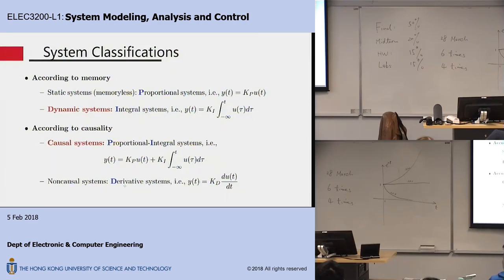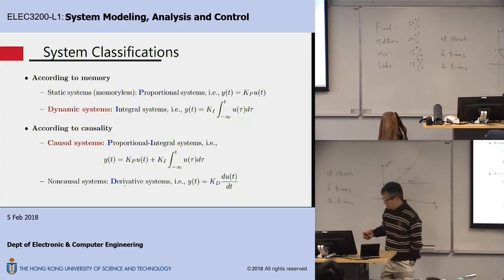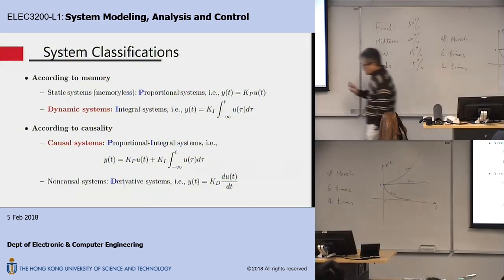Although maybe in your signal processing or other courses, you can design a non-causal system, but that's again not real time. It's just in a different time frame that you can talk about. In real time, there's no non-causal system.